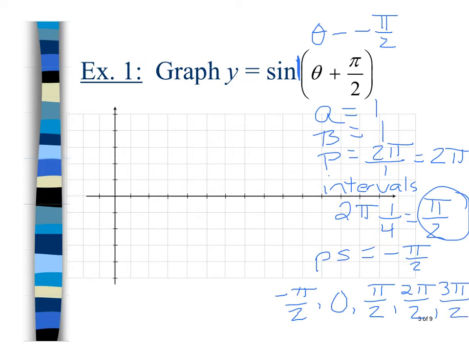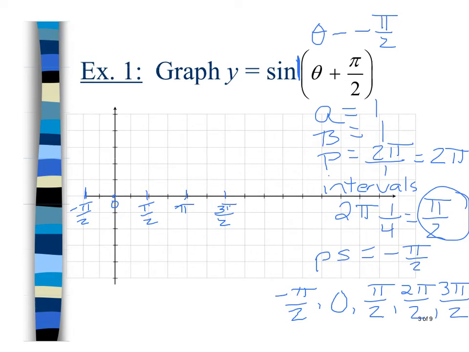So you should have a total of 5 points. Go over here, there's my negative pi over 2, 0, pi over 2, pi, here's my 3 pi over 2, and I should be good there.